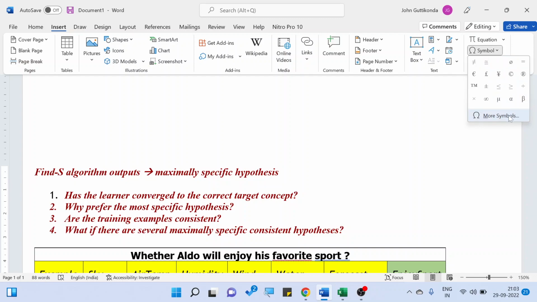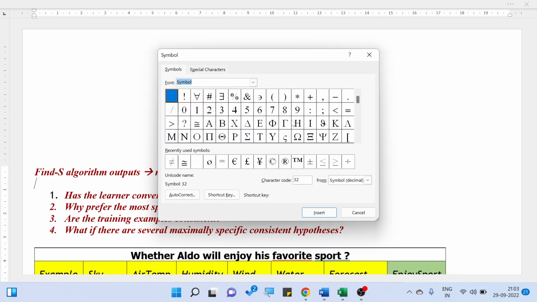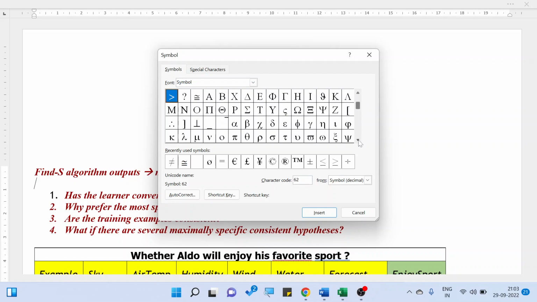Now the question is why we should start with the most specific hypothesis. What is the necessity? So that is another problem with our Find-S algorithm.